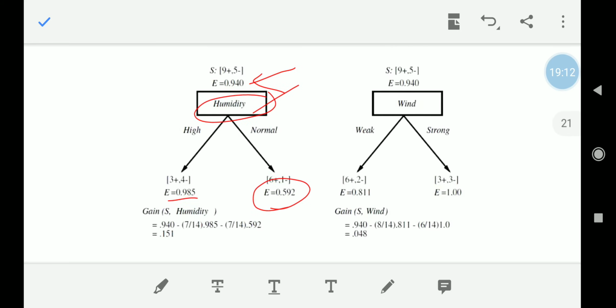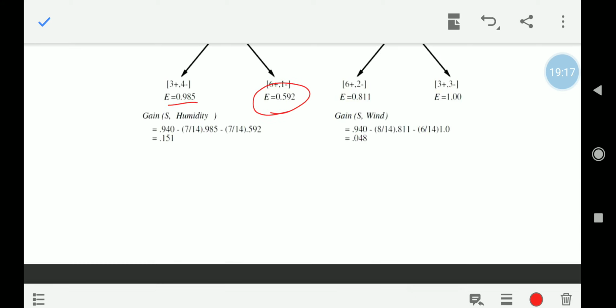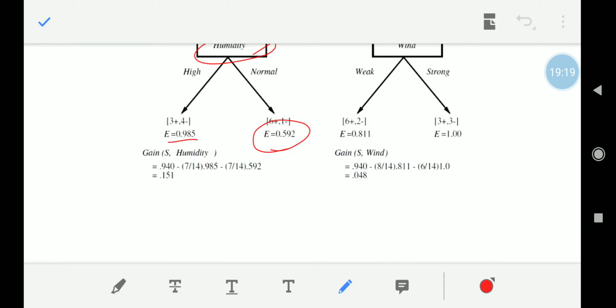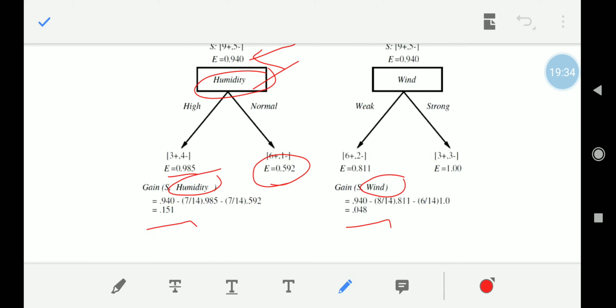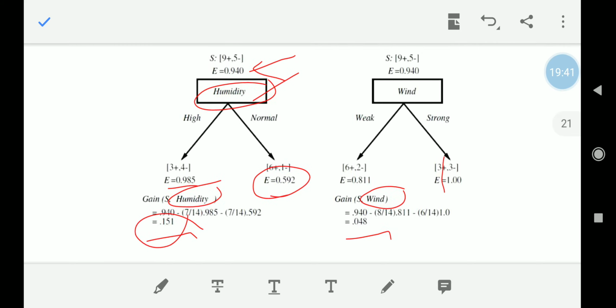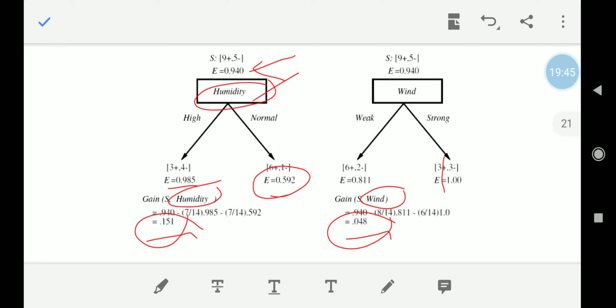Please understand carefully. Gain, sorry, not entropy, gain for humidity is 0.151. Gain for wind is 0.048.